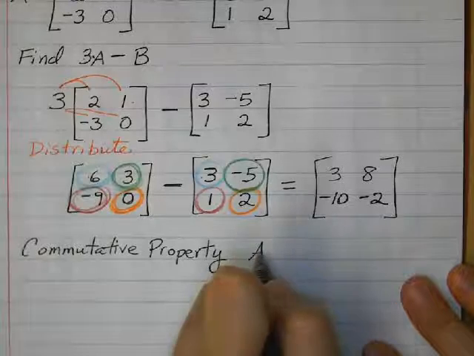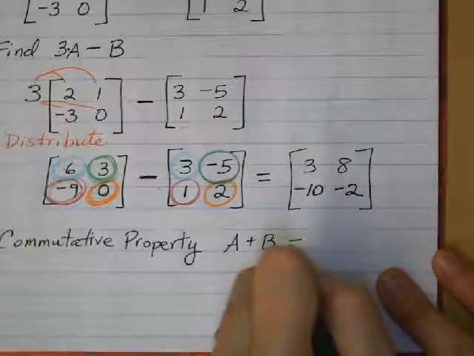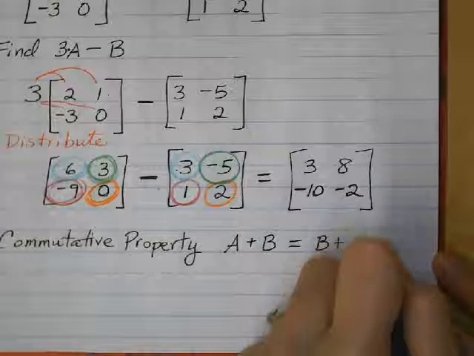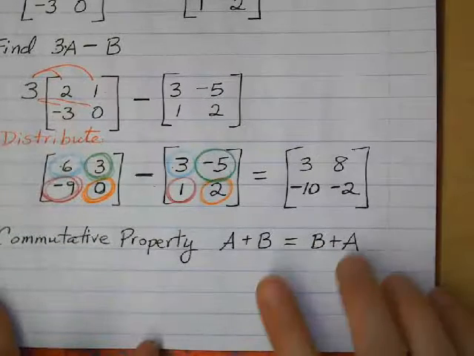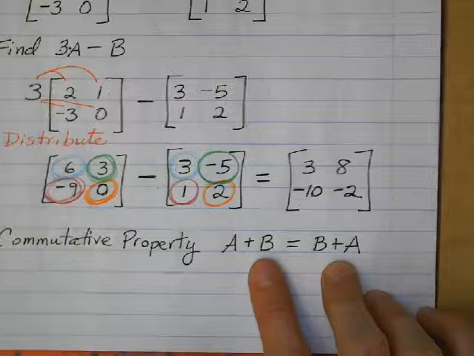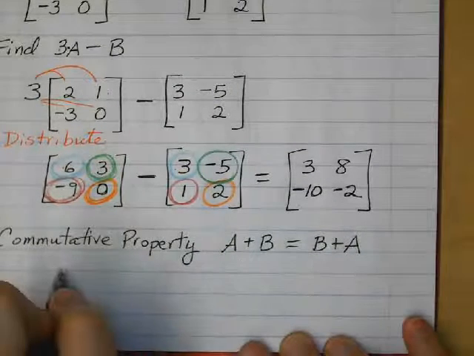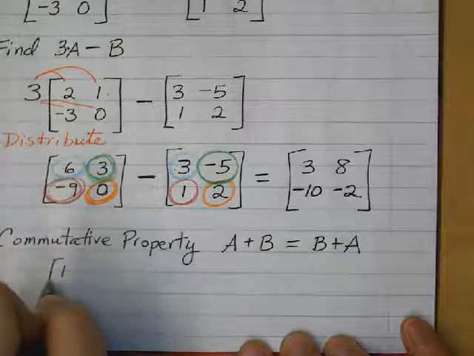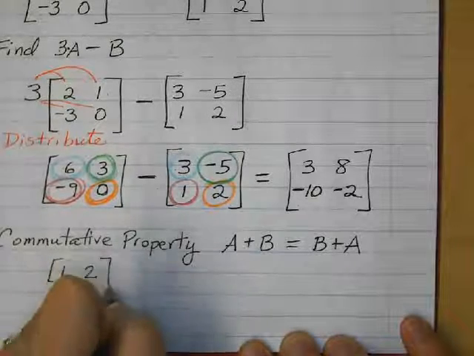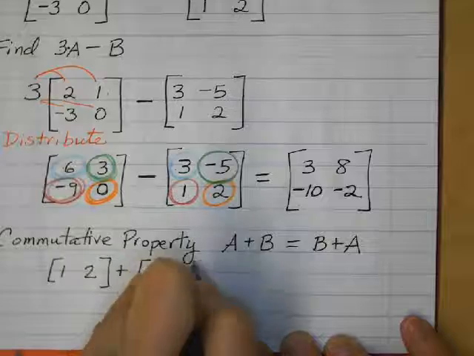They say that if you add matrix A plus matrix B, it's the same as if you put B first and then added A. It's pretty obvious. I could do a quick example of it, like if you had the matrix 1, 2, plus, and I'll just use 3, 4, just because it's easy.